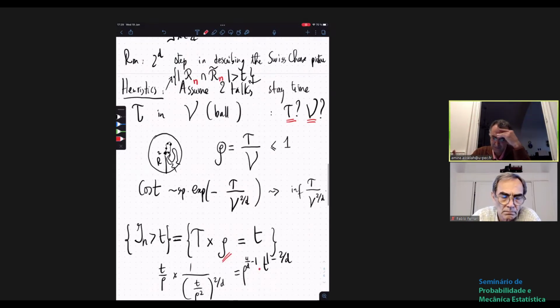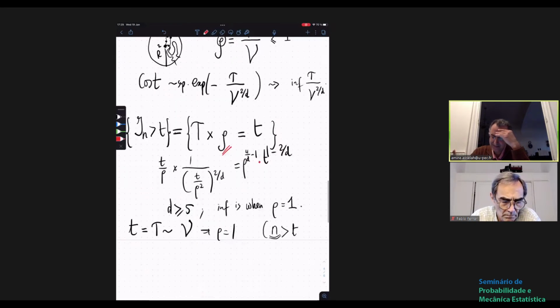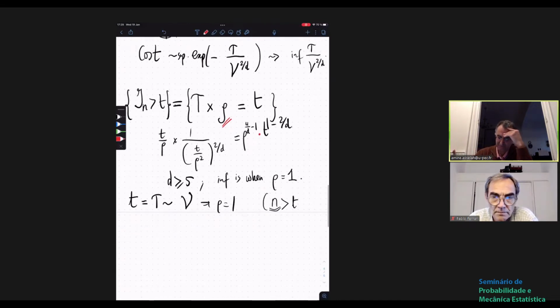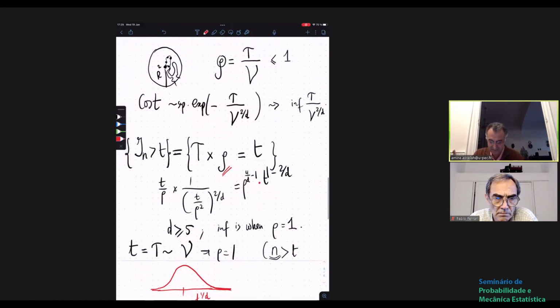That's a good point. On a scale t to the 1/d, you must have something like that, and it doesn't go to 0. I try to draw you the occupation density.